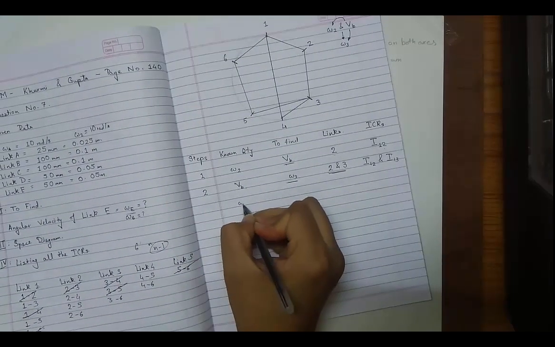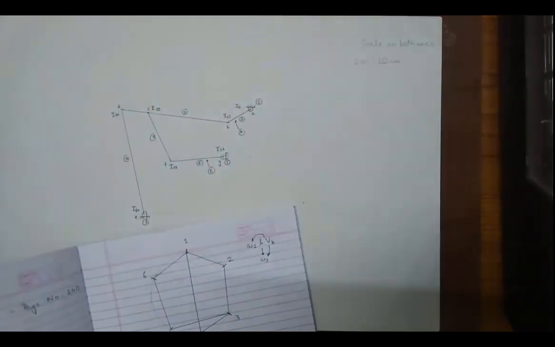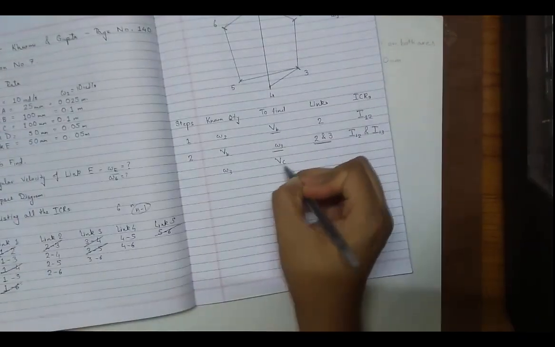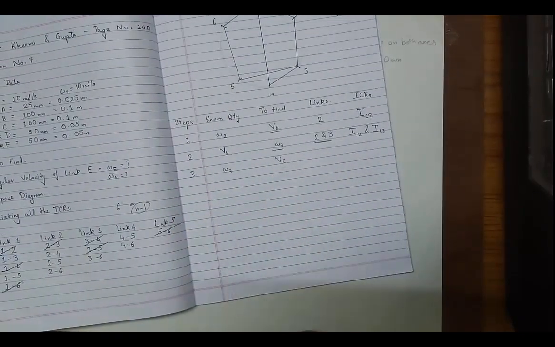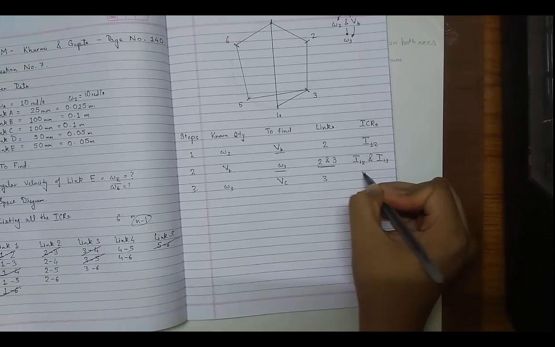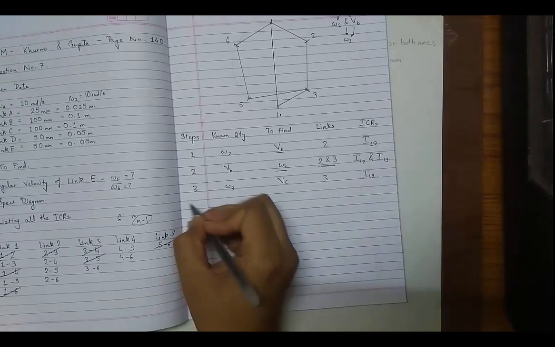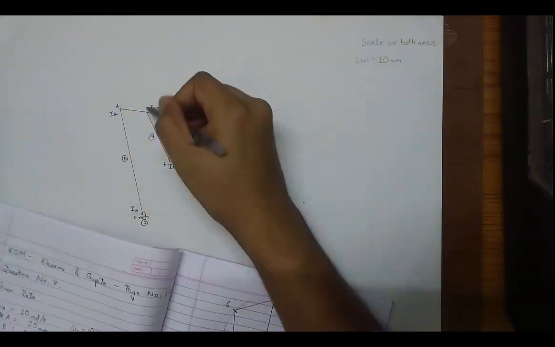Using the angular velocity of this link, we are going to find the velocity of C. Whenever we have to find velocity, we need only one link. Which one is that link? This link number 3. So this will be I13. Now knowing the velocity of C, C lies on which two links?